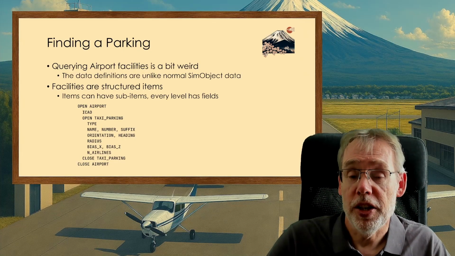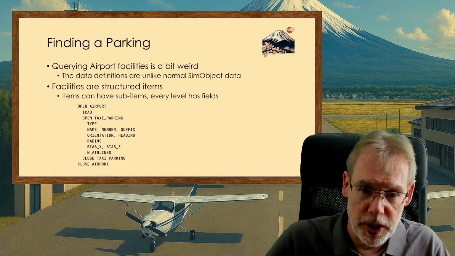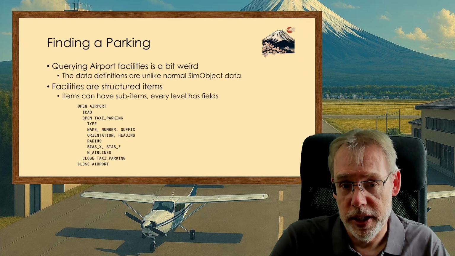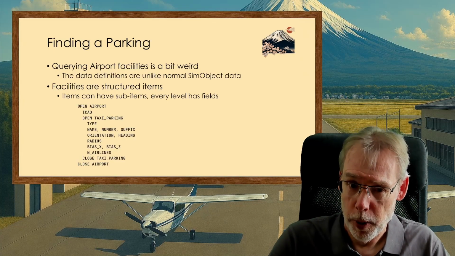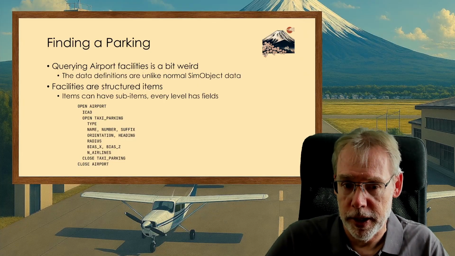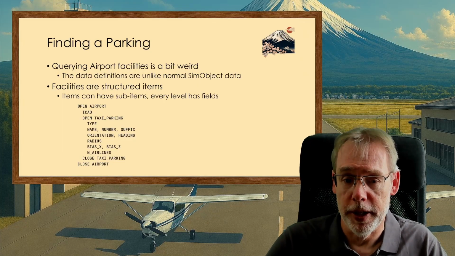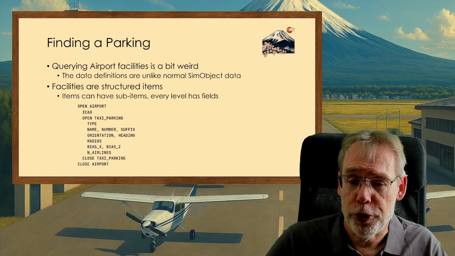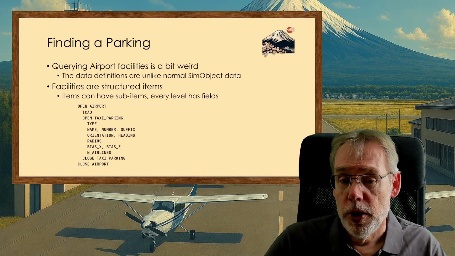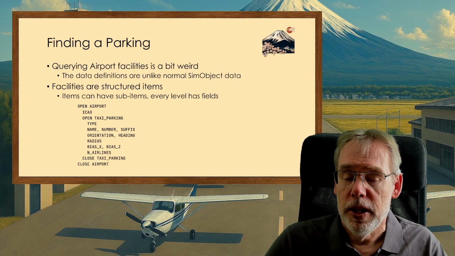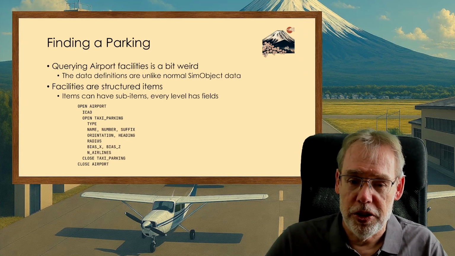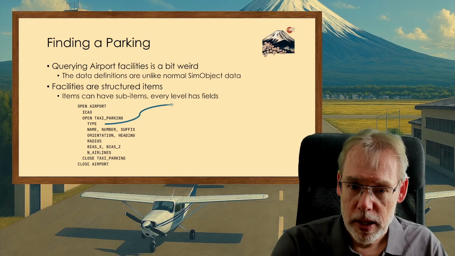And then you will get another taxi parking, again being a part of the airport. So you will get multiple taxi parking replies for every airport reply. You will not get a close reply. So what you do have is a specific message saying we're done.